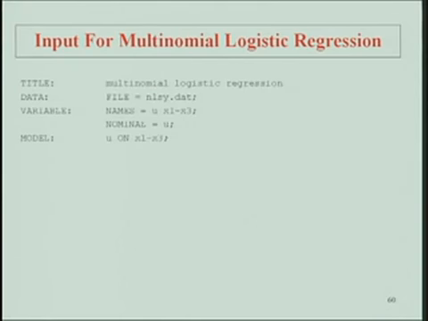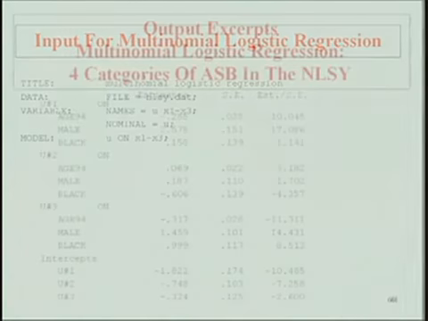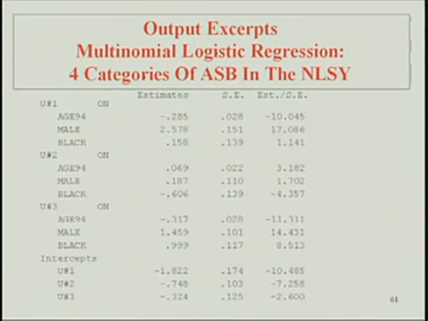And the 3 covariates are age, male, and black. When we say u on x1 through x3, this is a new shorthand language that we introduced in version 5. You used to need to say u#1 on the covariates, u#2, and u#3. The last category is the reference category, so we do not refer to category 4.